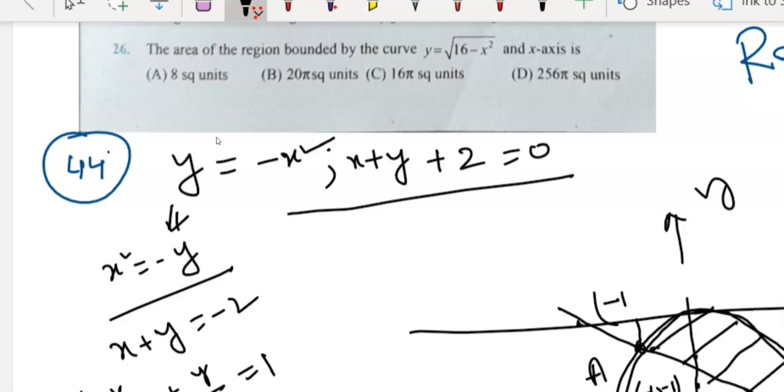It is just the mod function extension. Instead of mod x, we have taken mod x plus 1. So the origin finally will be there, minus 1, 0. Now, the other curves, x equal to minus 3 and x equal to 3.